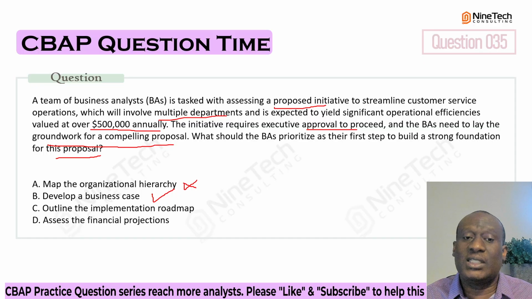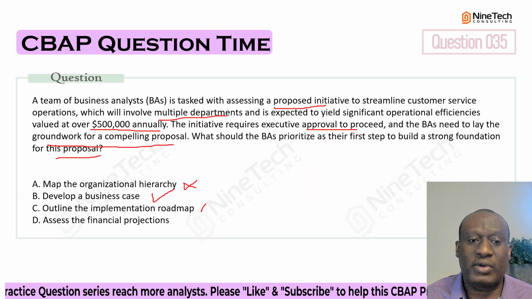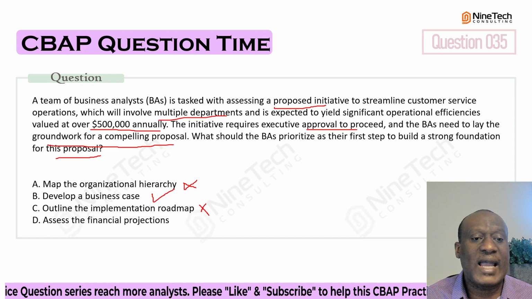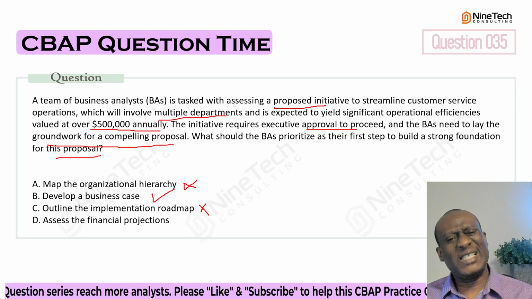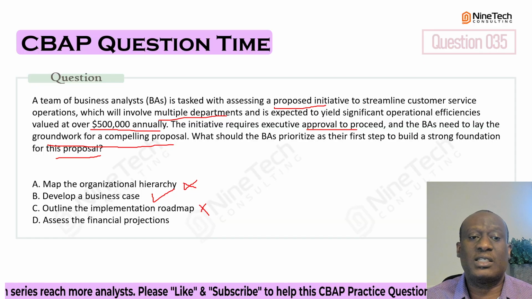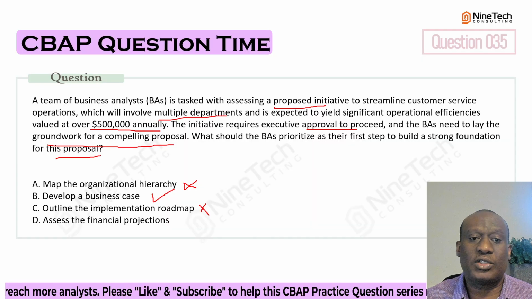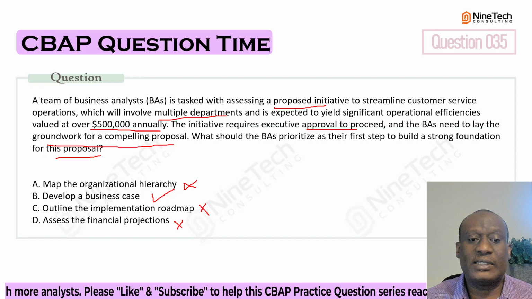No, this initiative has not even started. The project has not started, so we're not talking about implementation right now. Assess the financial projections. Yes, but we have a stronger answer, which is the business case. The business case will also cover the financial projections. So the right answer is B.